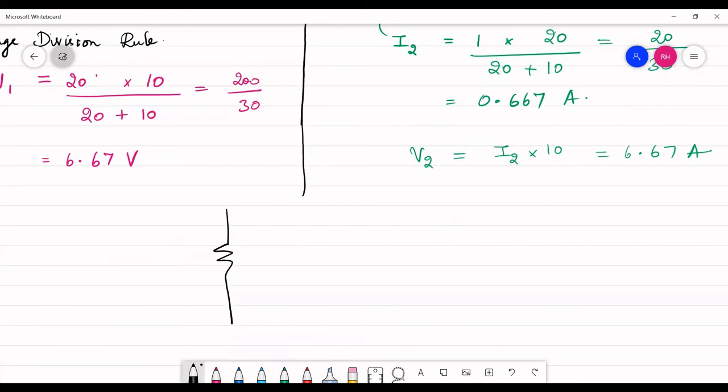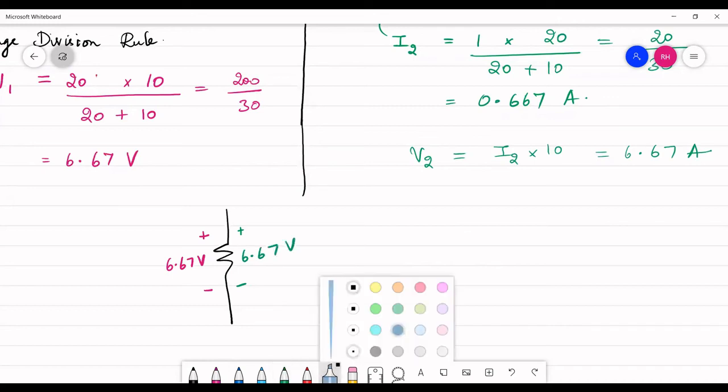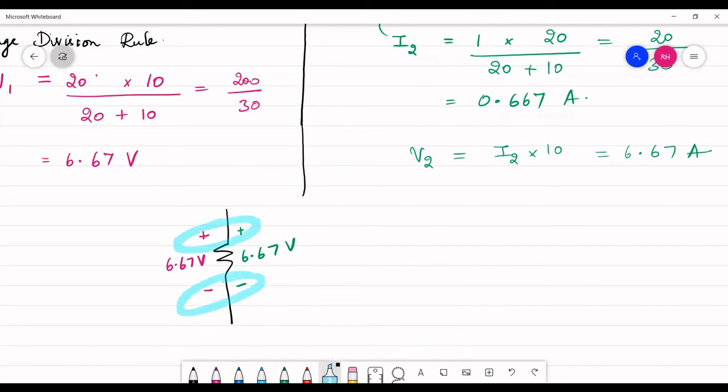When only the voltage source is there, you have a voltage of 6.67 volt, and when only the current source is there, we have a voltage of 6.67 volt. If you take a closer look at the polarity, it could be seen that it is the same.